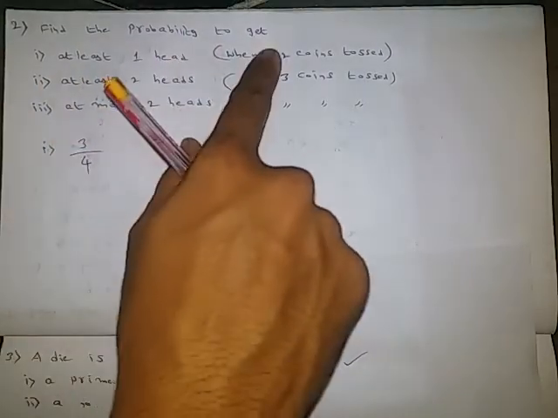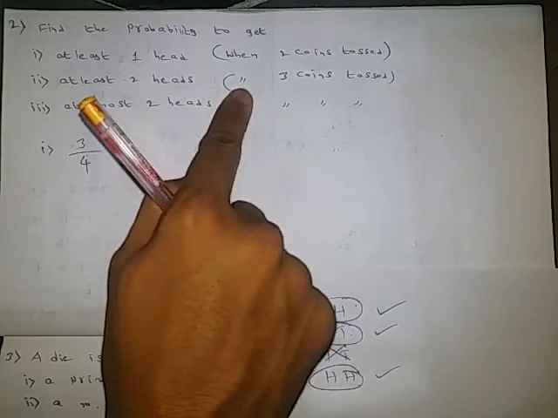Next, find the probability to get at least two heads when three coins are tossed. So first let us write all the possible outcomes when three coins are tossed.